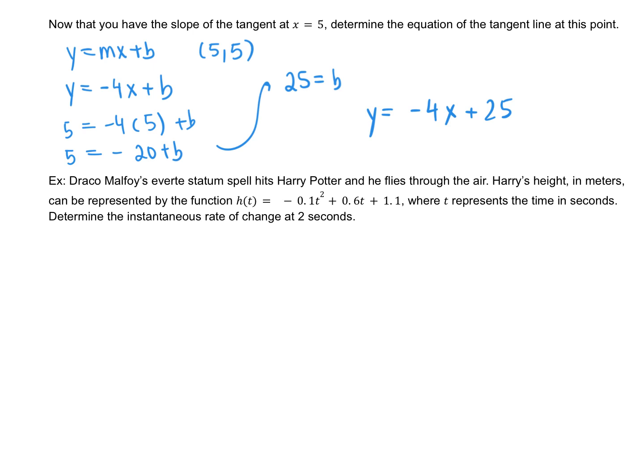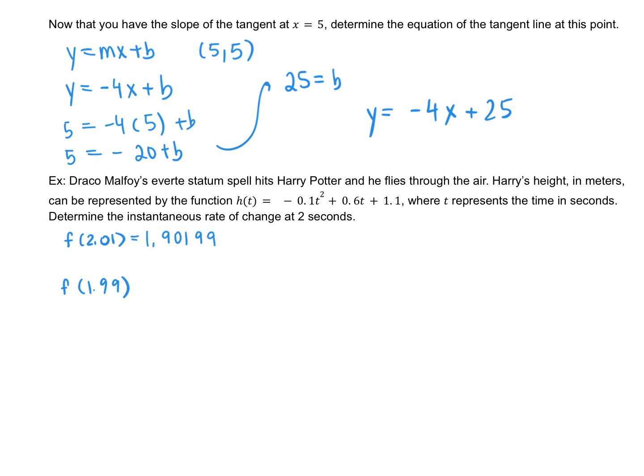Okay, so my test values that I'm going to be using are going to be 2.01 and 1.99. So add 0.01, subtract 0.01. And when I put 2.01 in for both t's into this function and punch it into my calculator, I get 1.90199.